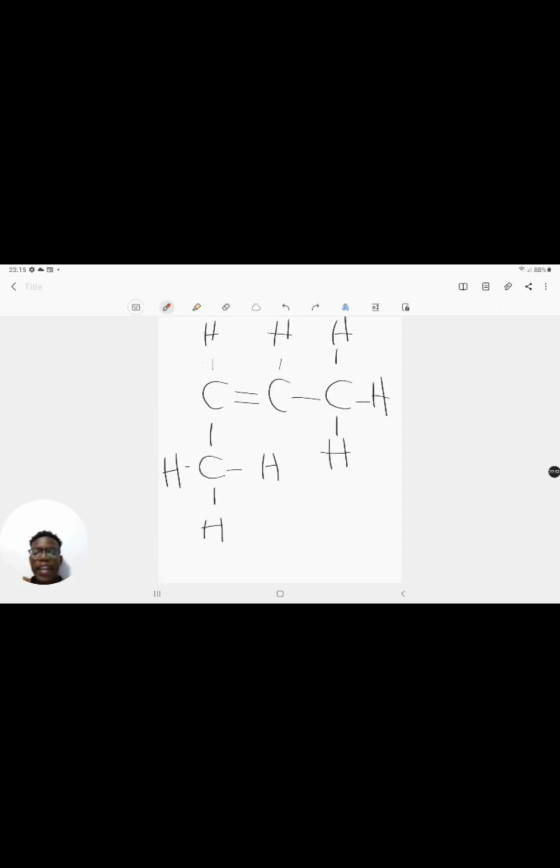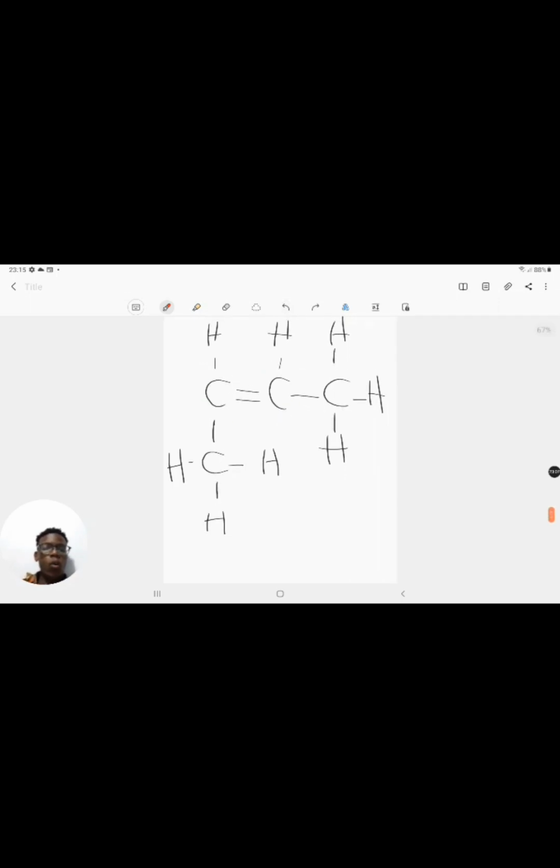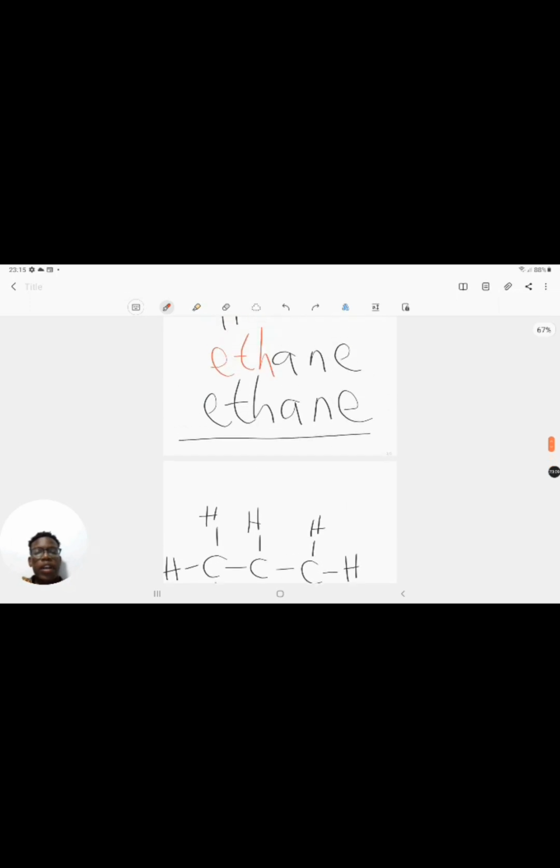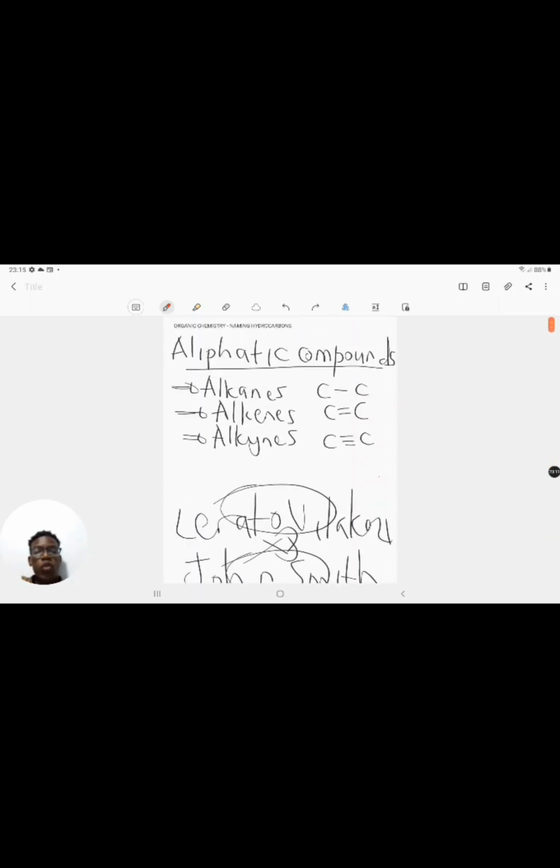Well, we see that the number of bonds in these two adjacent carbons here is 2. Since the number of bonds is 2, what do we know about the aliphatic group with 2 bonds between adjacent carbons?